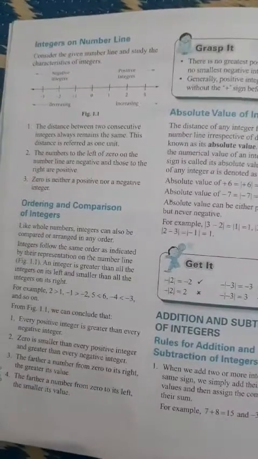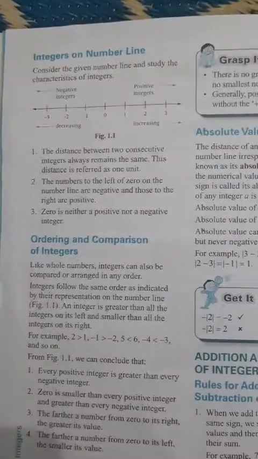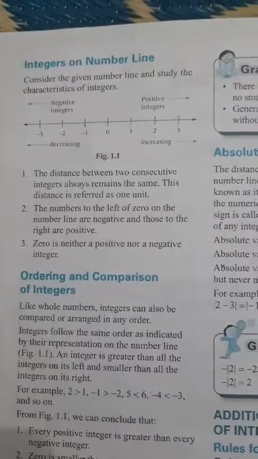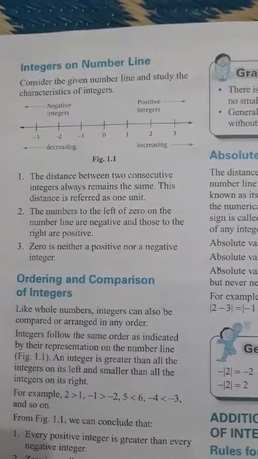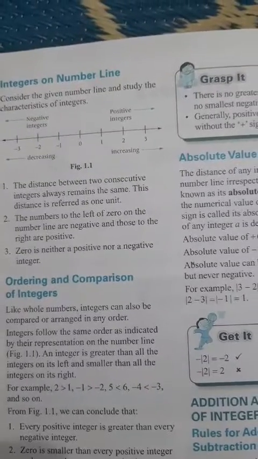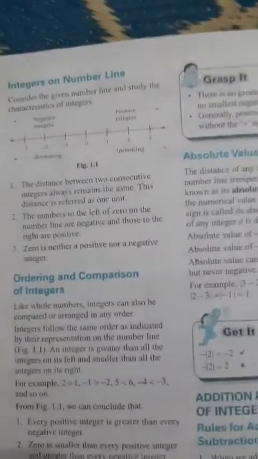Now see, how will we represent the integers on the number line? Consider this given number line, and we will read the characteristics of integers. 0 is always in the center.